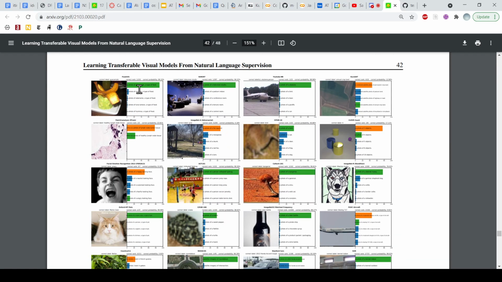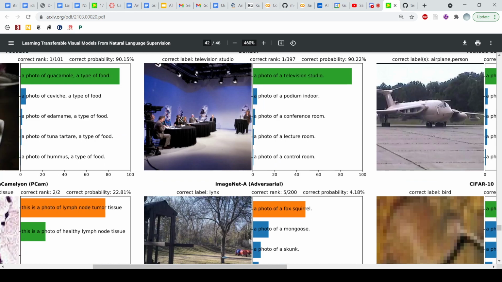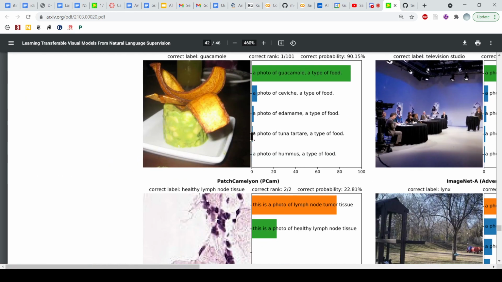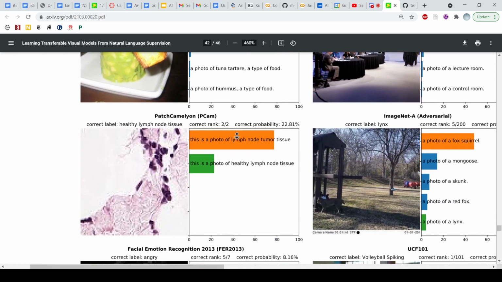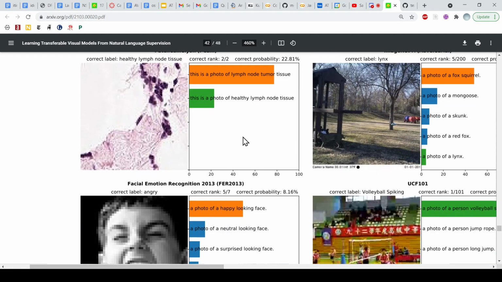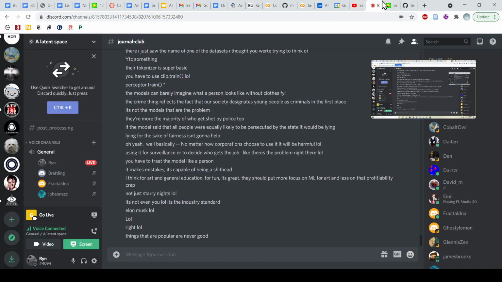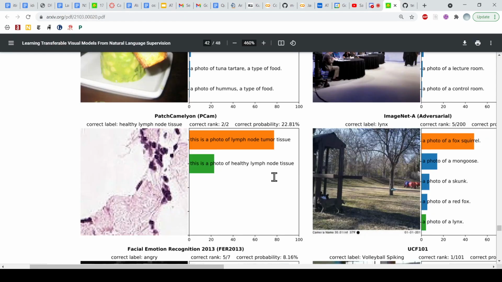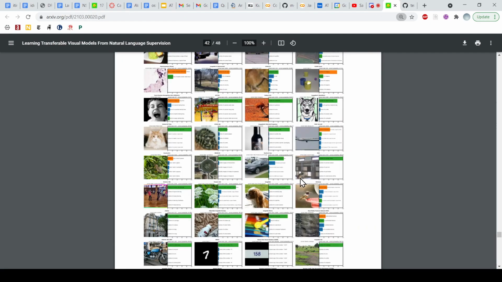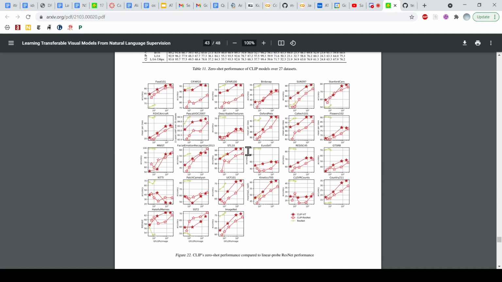Oh, cool. A photo of a guacamole type of food. Oh wow, I forgot they do radiology stuff. Holy cow, that's cool. Someone on the Patreon is a radiologist, I think, and that is really interesting to me.